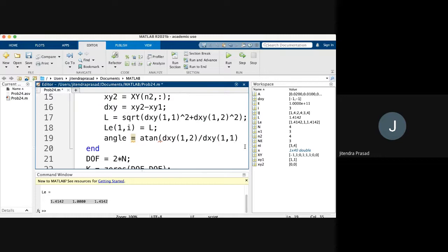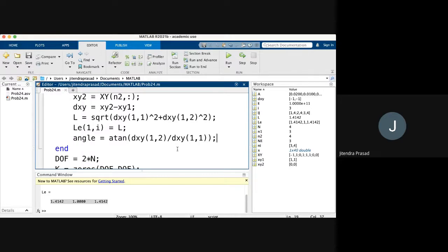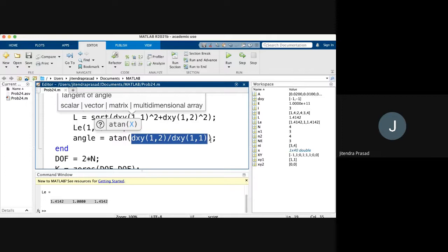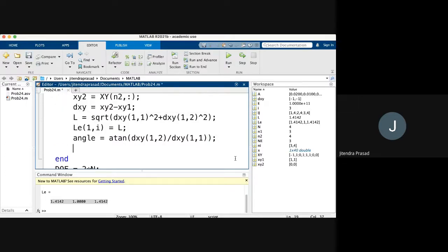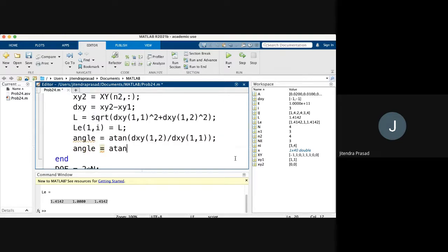Yeah, but now the only thing is whether that will be correct or not. This may be incorrect because we don't know which quadrant it is in, so to deal with this problem, what you can do, you can also use atan2.